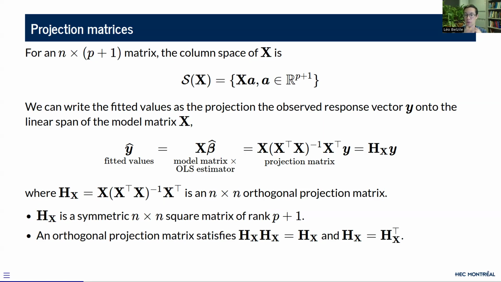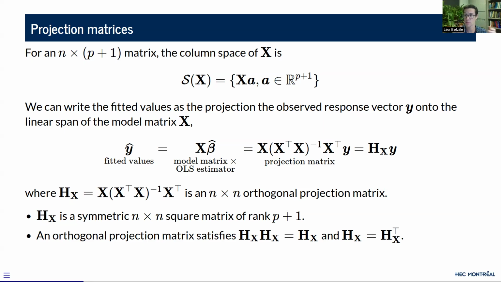I get a matrix, which I'll call H of X, H for hat, and X to indicate that it's associated to this model matrix. So the fitted values are equal to some matrix that puts a hat on y, hence the name hat matrix. And this n by n square matrix is a projection matrix. And projection matrices have particular properties.